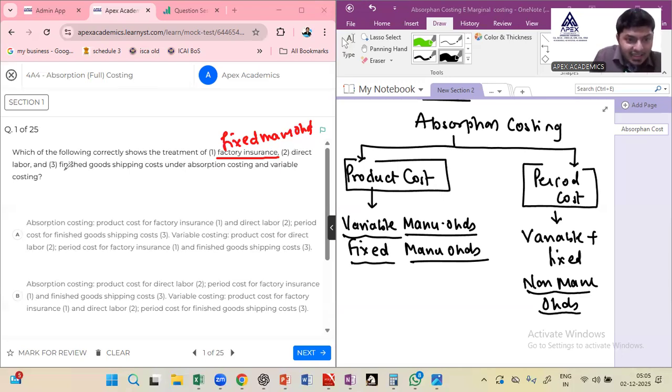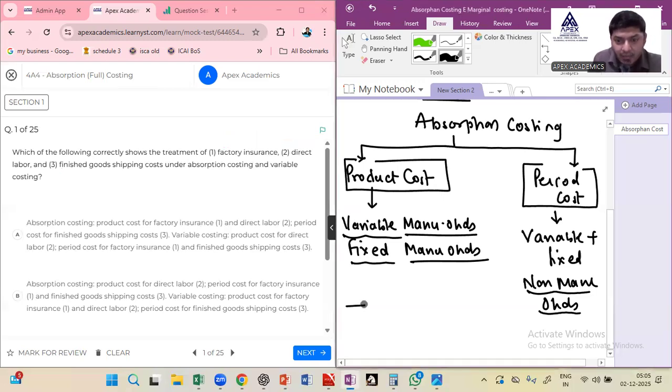And third I see are finished goods shipping costs, which are nothing but selling and distribution overheads. So if I was to categorize these items, please try to understand, in absorption costing, I am looking at variable manufacturing overheads, which comprises of my direct labor.